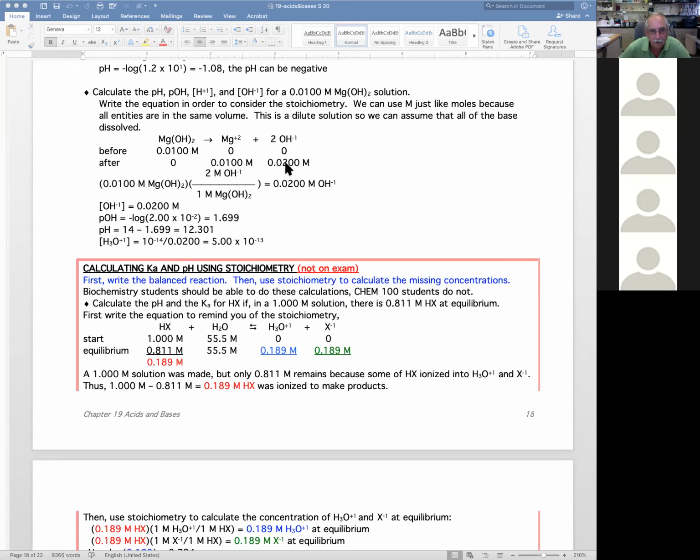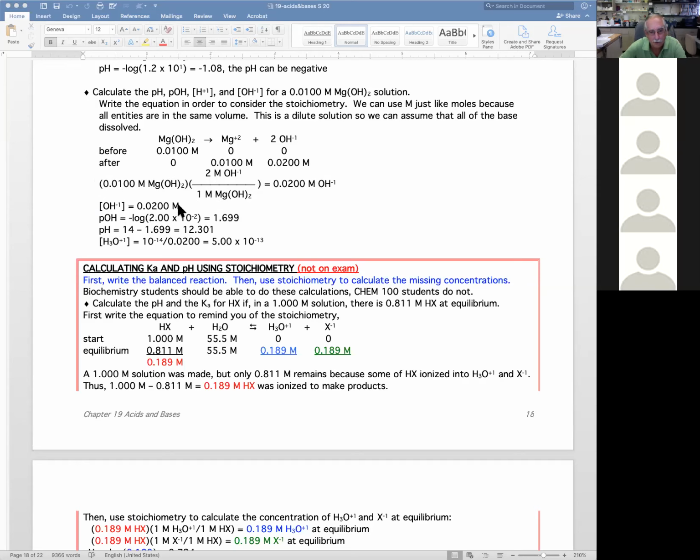It's going to give me 0.02 of that because that's the stoichiometry. For 1 mole of magnesium hydroxide, I get 2 moles of hydroxide.